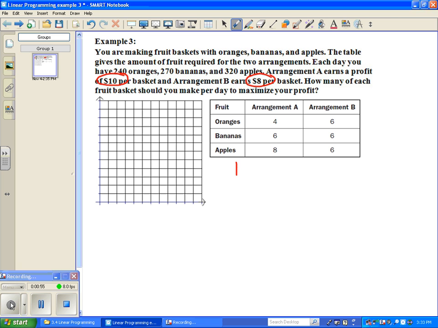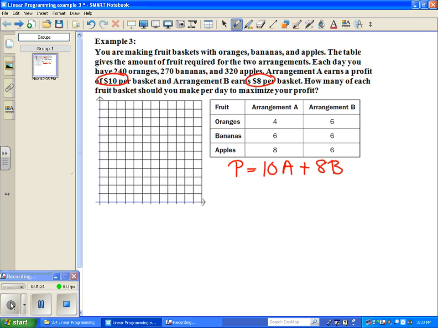So our profit equation is P equals 10A plus 8B, and that gives us our total profit for the day. Now we want to maximize this profit, so we want to figure out how many baskets of each kind we have to sell in order to make the maximum profit.